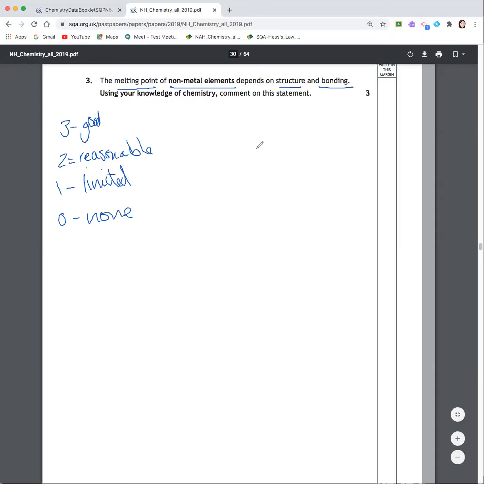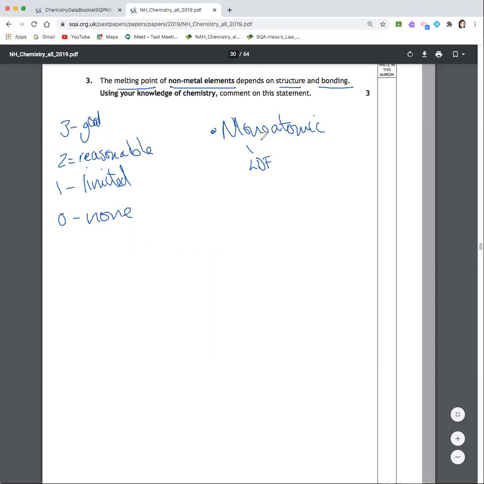So things you could mention on this: for non-metals, you've got monoatomic noble gases. You could explain what monoatomic means. It exists as single atoms, they don't form any covalent bonds, as they've got stable electron arrangements. In terms of the melting points of the noble gases, that's dependent on the LDF strength, because that's the only van der Waals force they have between the molecules.